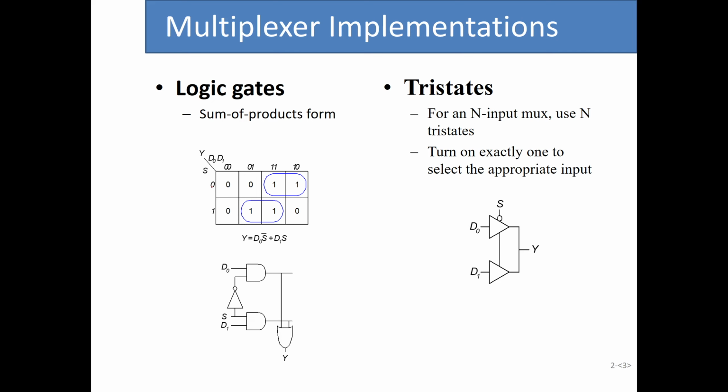So the way I did it here is that I created a 2x4 Karnaugh map. I separated the variables. I used S to show the rows, and I used D0 and D1 to show the columns. Here, as you can see, for the columns, since we have two variables, we have 4 possible combinations.